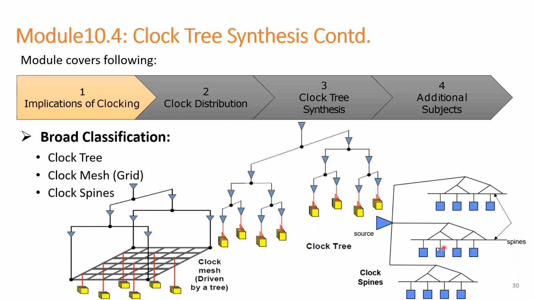Here a spine-like structure will be there. The main advantage of these two is reduced skew and reduced insertion delay compared to conventional clock tree synthesis. But the implementation is a bit difficult, so not all designs can afford to implement this one.